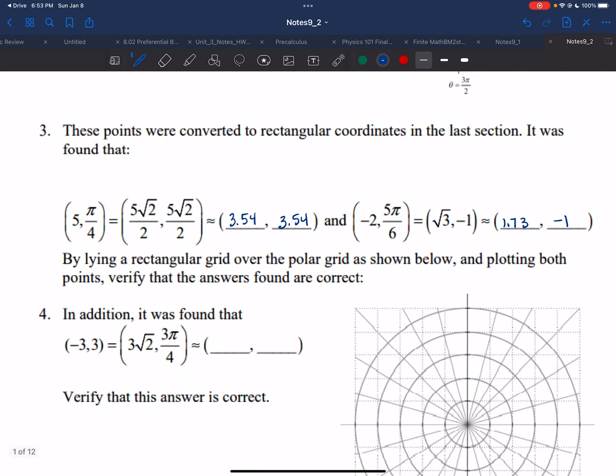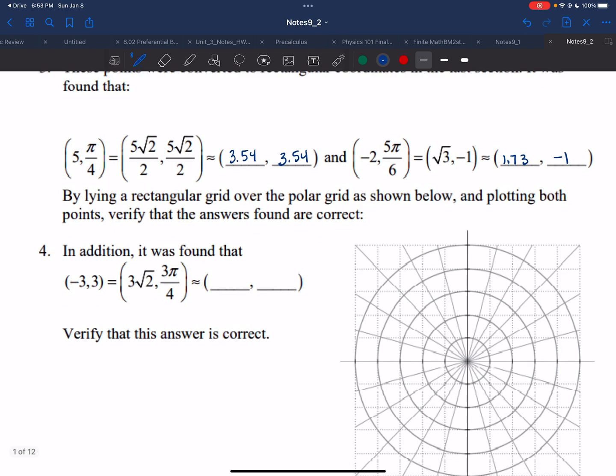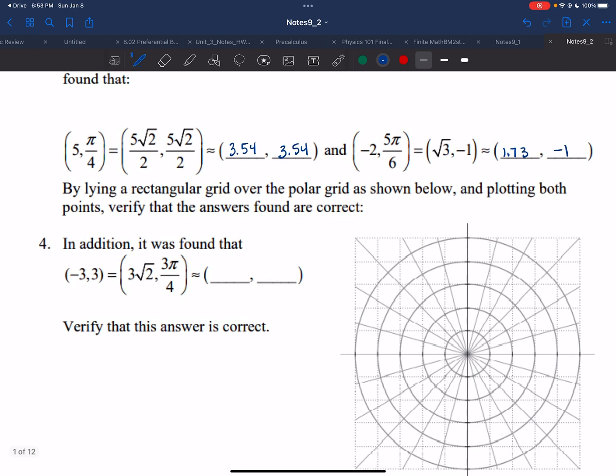All right, here's where we have our rectangular grid on top of our polar grid. And let's go ahead and finish out this one too. So negative 3, 3. We said it was 3 root 2 over, and 3 pi over 4.